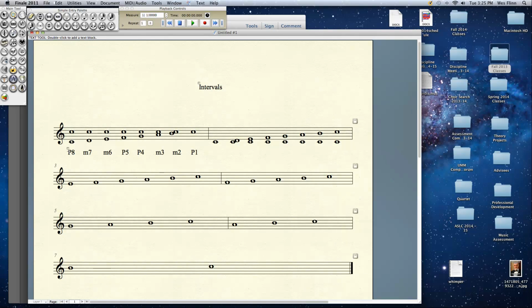So this is also a perfect unison. This is a major second, a whole step, major 3rd, perfect 4th, perfect 5th, major 6th, major 7th, perfect octave.